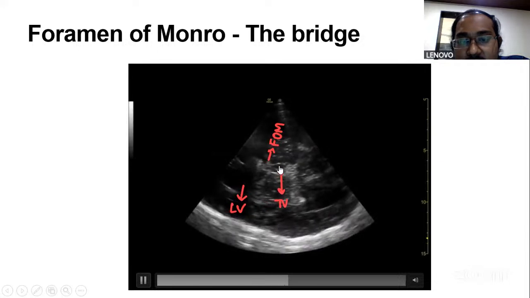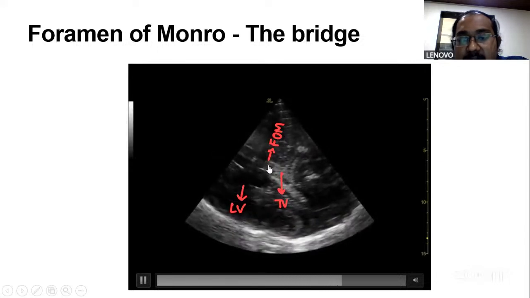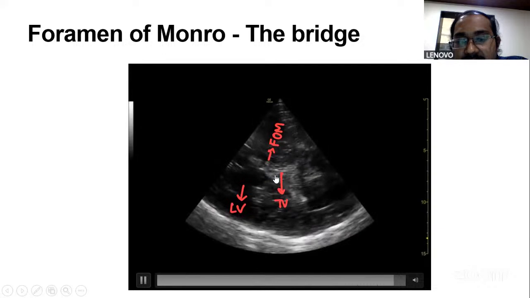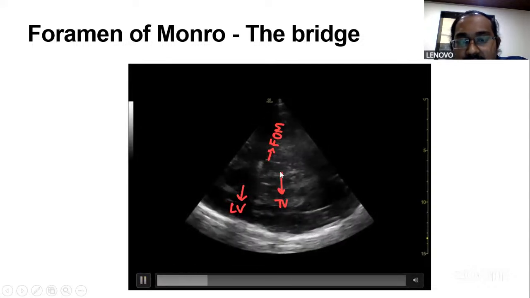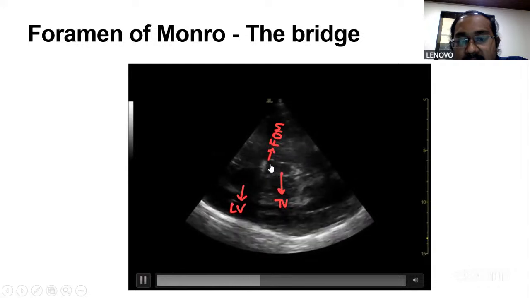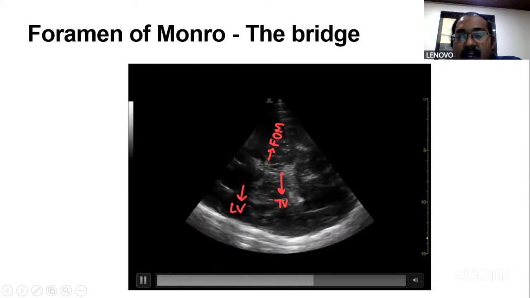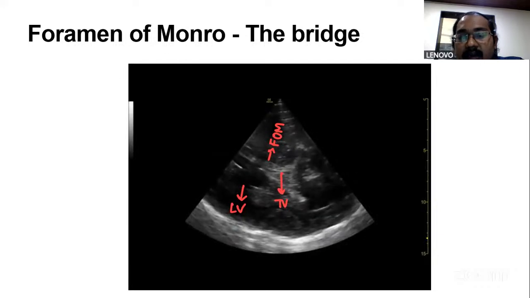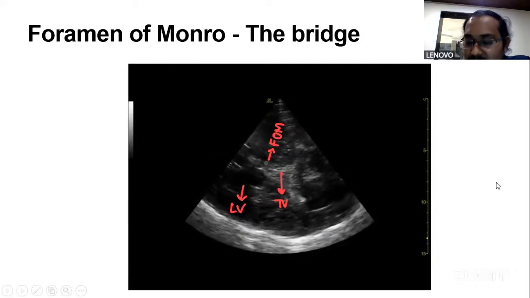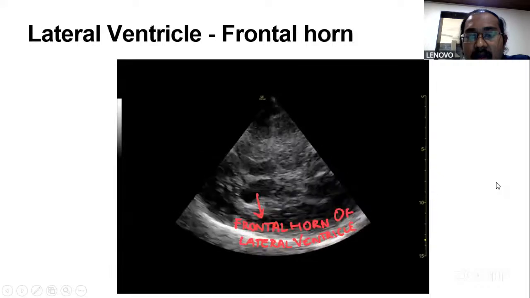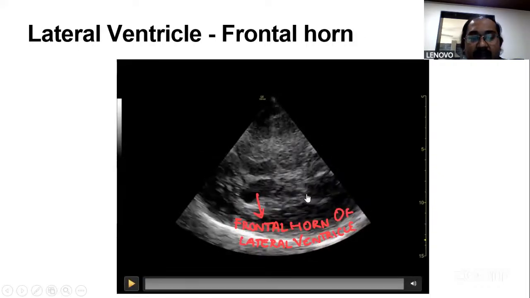So this is the foramen of Monro. It is opening into the lateral ventricles. Here you can observe that the hands are opening up into the lateral ventricle, which, the hands are the foramen of Monro. So you can appreciate this.